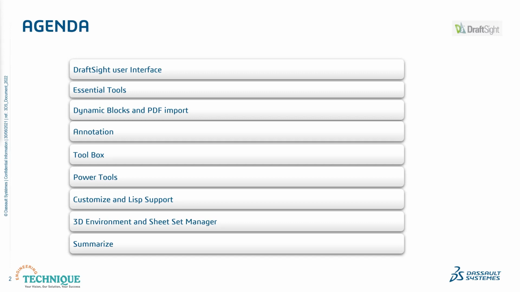Furthermore, we will examine DraftSight's annotation capabilities, which enable the creation of production-ready drawings. DraftSight Toolbox provides a library of 7,000 standard components, including screws, nuts, bolts, washers, holes, and pins.